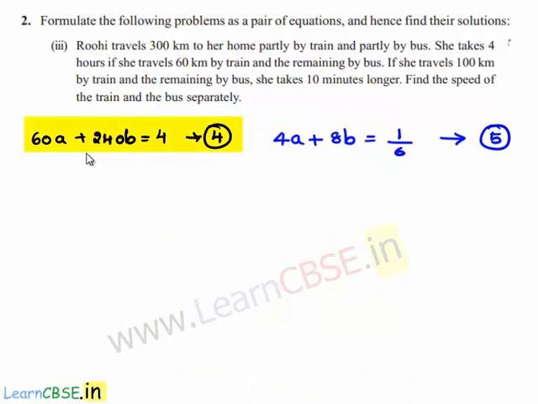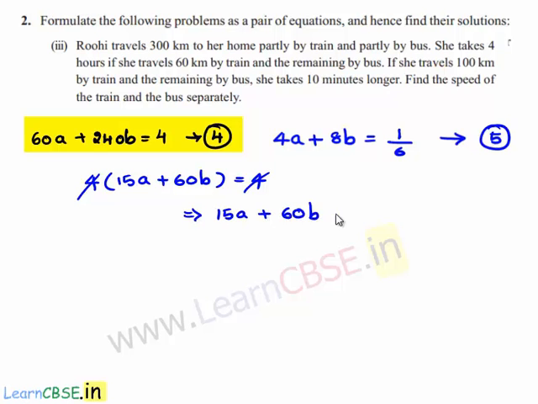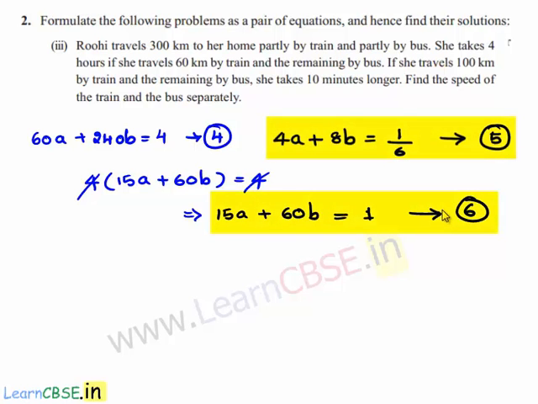From the fourth equation, we can take 4 as common. So we get 4 times of 15a plus 60b is equal to 4. So 4 and 4 can be cancelled. We will be getting 15a plus 60b is equal to 1. So let this be equation number 6. So now we need to solve the equations 5 and 6 in order to get the values of a and b.